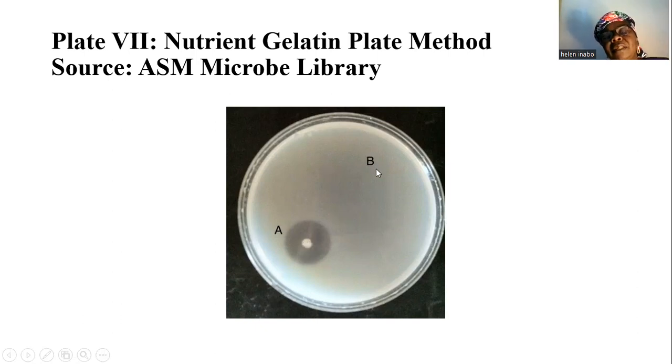Then isolate B, which is the second test organism, could not produce the enzyme gelatinase. There is no evidence of clearing around the colony, showing that it did not produce gelatinase.